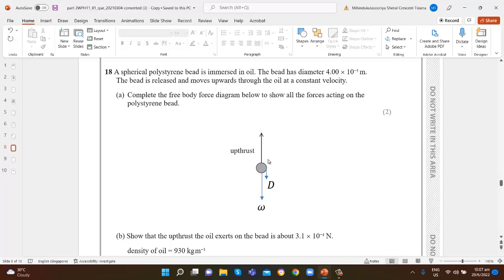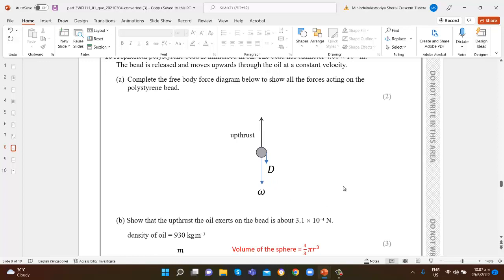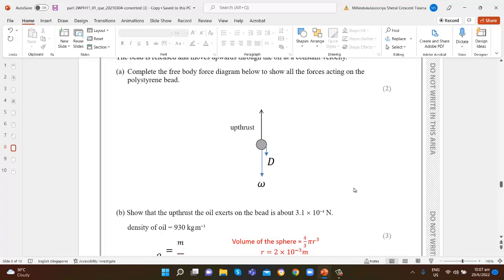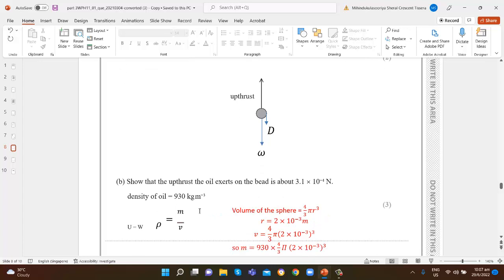You know, upthrust is up, weight is down, and again drag force. So these are the forces. Show that the upthrust the oil exerts on the bead is about 3.1 times 10 to the power minus 4 N. Density of oil they have given, it is 930 kilogram per meter cube.